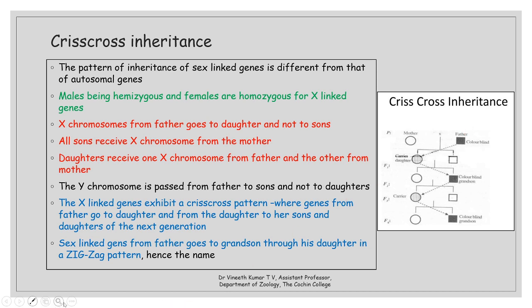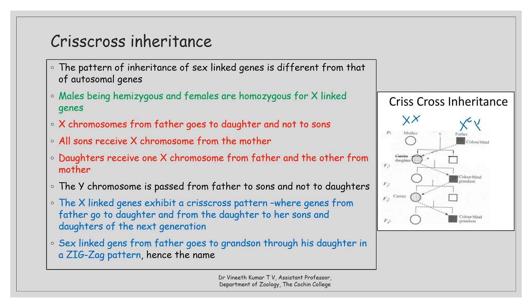For the sake of discussion, I will mark it as X^c, the diseased one, and the Y chromosome is normal here. And I consider the mother to be completely normal, that is XX, so she does not carry any recessive allele here.